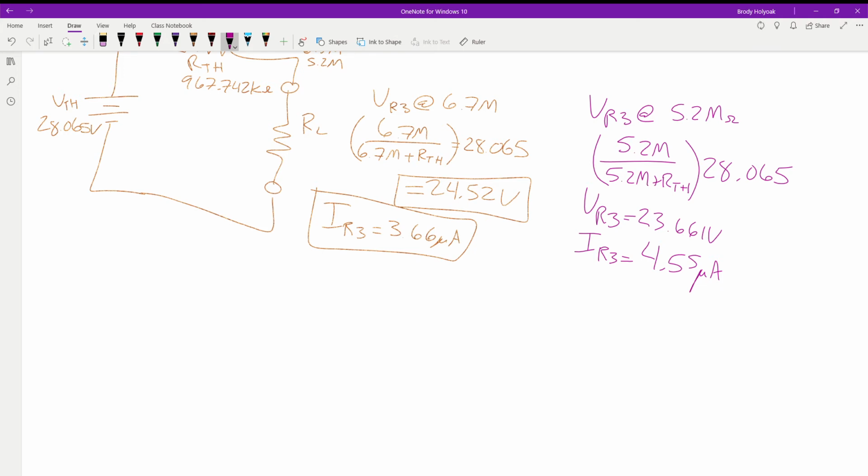Because these are in meg, those are in kilo. So those ones you want to shift down 3 decimal places. Your 967 is supposed to be 0.967, because you have to make sure you have them in the right units.